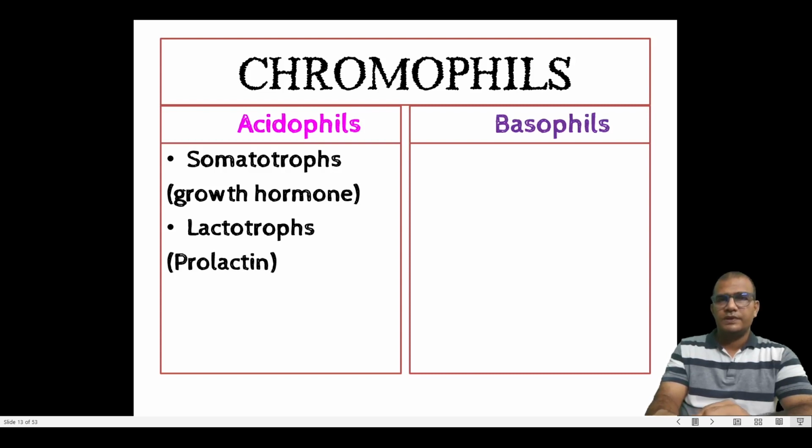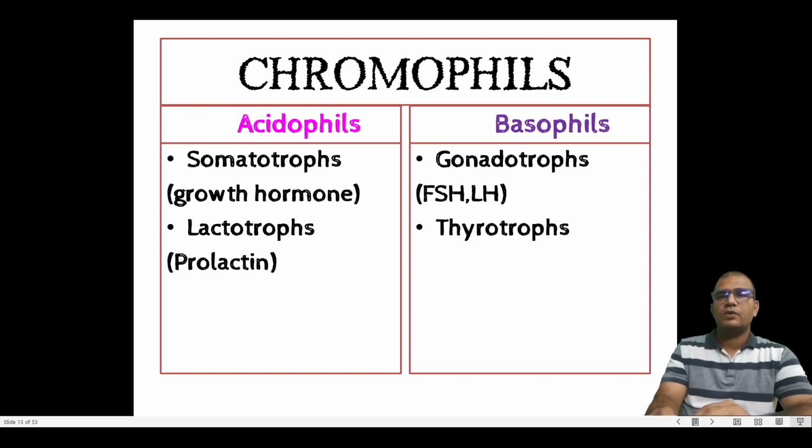Next we have basophils. The basophils secrete gonadotropes, that is FSH and LH, follicle stimulating hormone and luteinizing hormone, whereas thyrotropes secrete thyroid stimulating hormone, TSH, and corticotropes secrete adrenocorticotropic hormone.